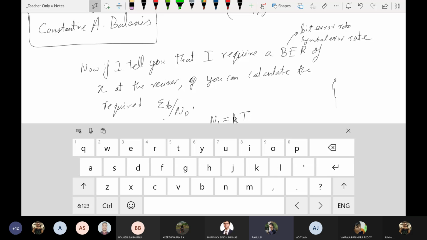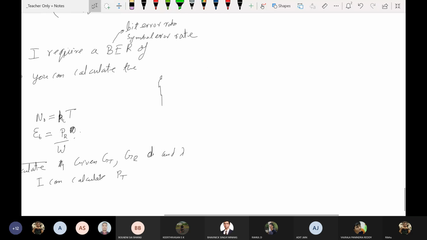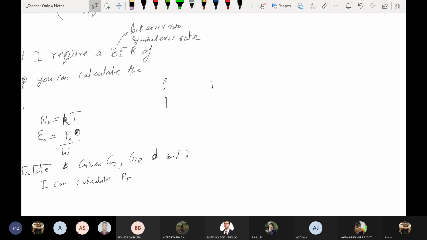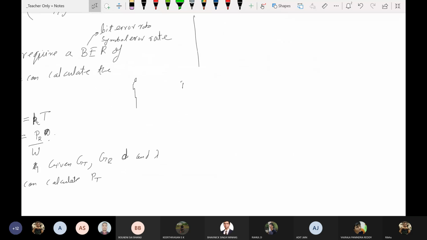So I can budget the transmit signal power.